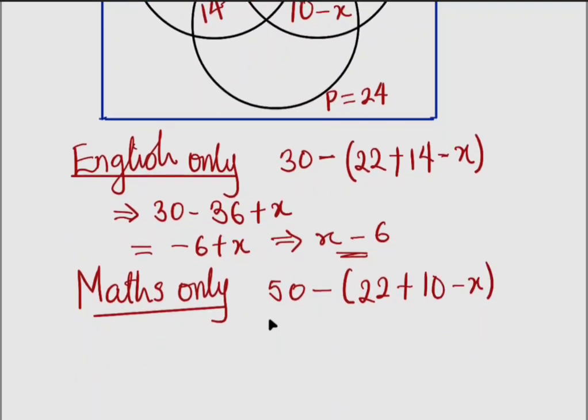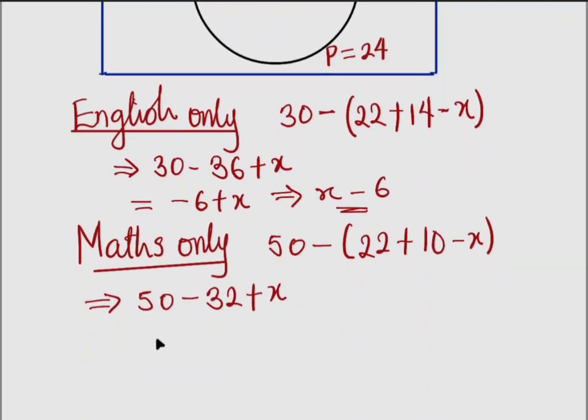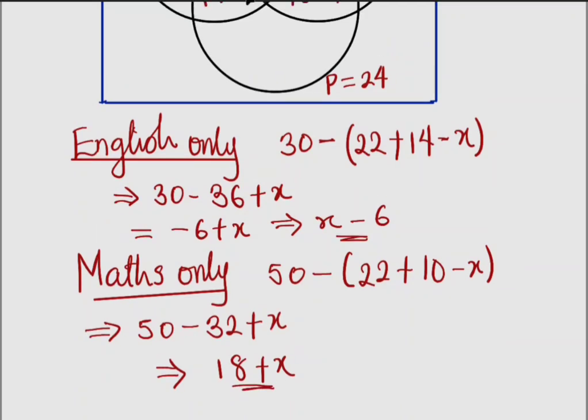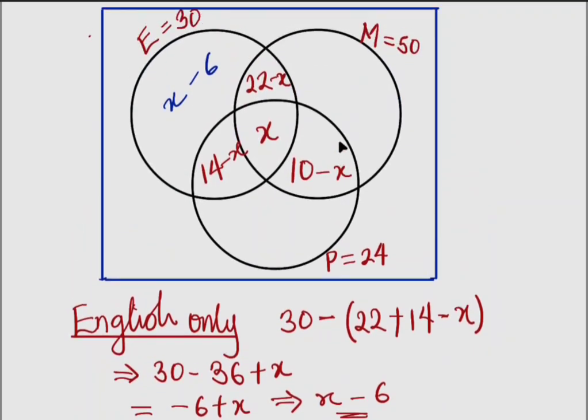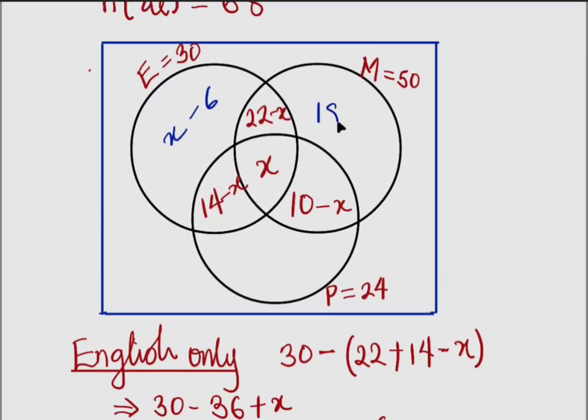So we have it to be 50 minus 22 plus 10, that will give us 32. So we shall have minus 32 plus x. So for math only, subtracting 32 from 50, we shall have 18 plus x. So we write 18 plus x at the position of math alone.